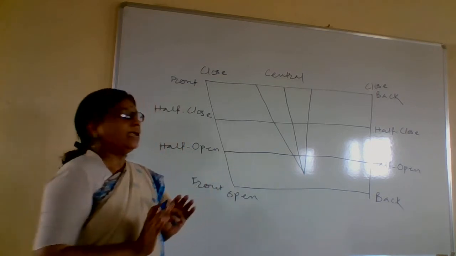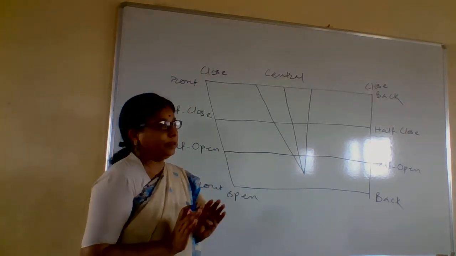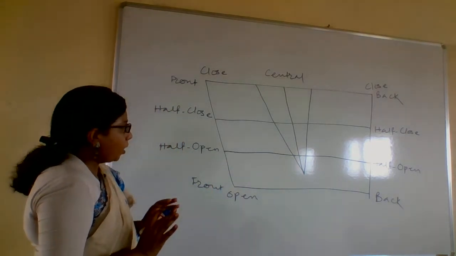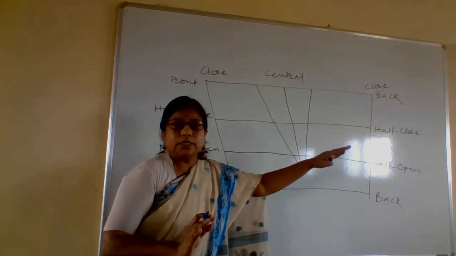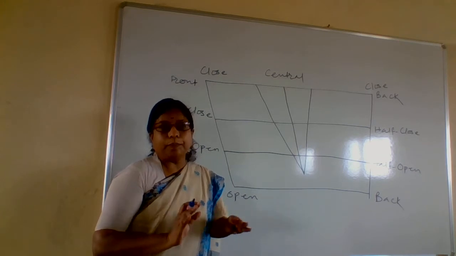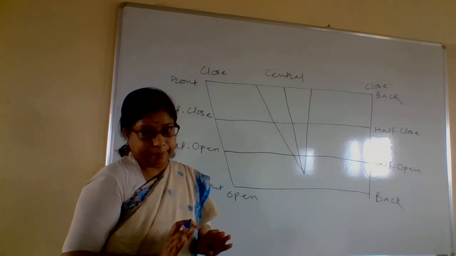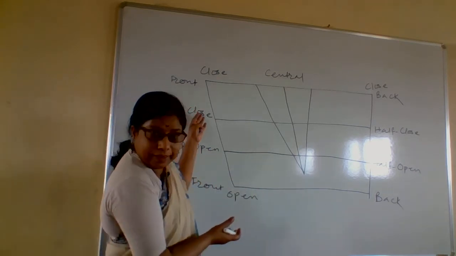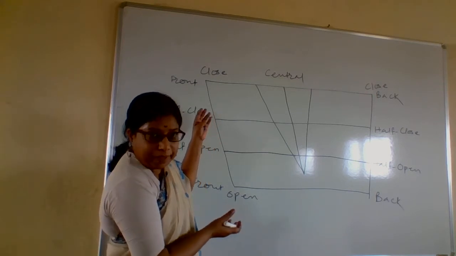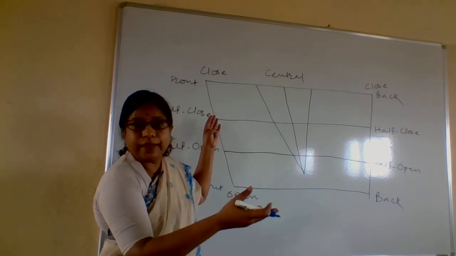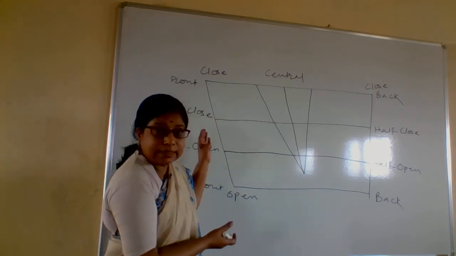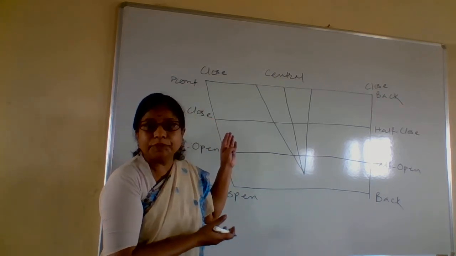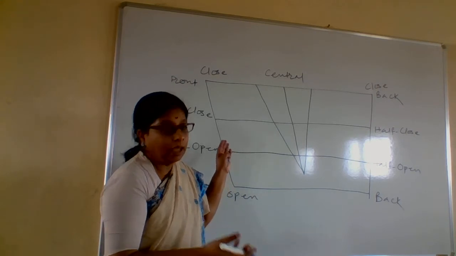Now the second label is given depending upon the part of the tongue that is raised during the production of a particular vowel. Now this is the figure. IPA, International Phonetic Association, has designed this figure for the description and classification of the vowels.